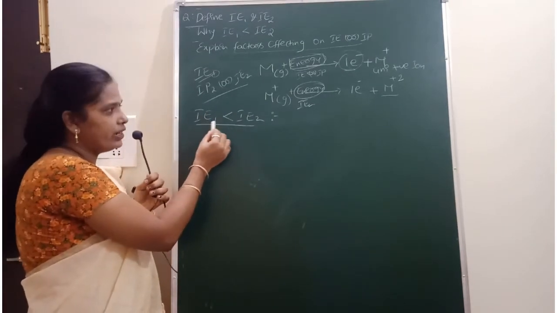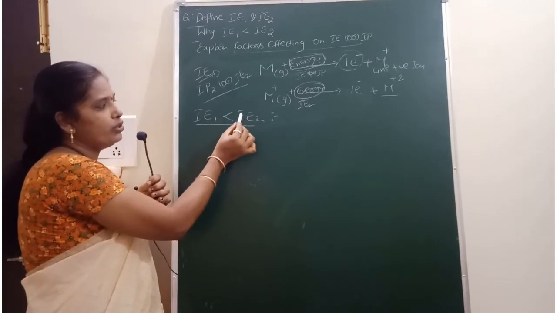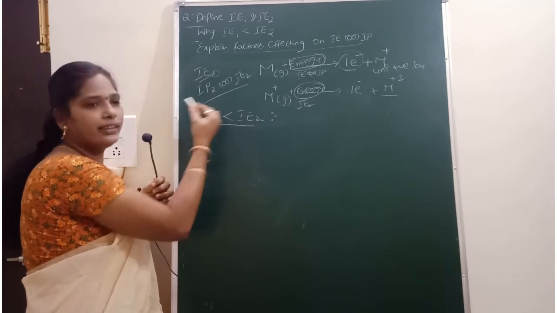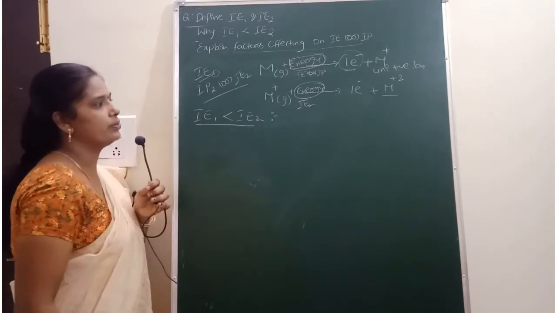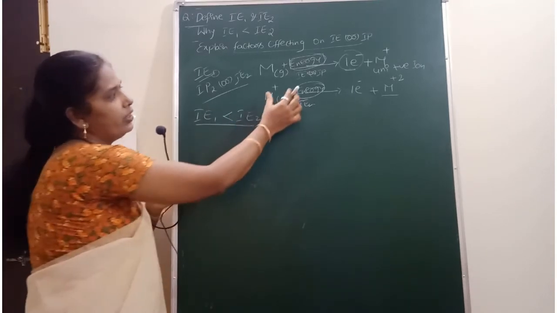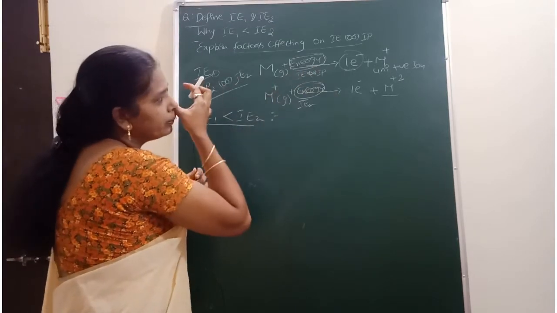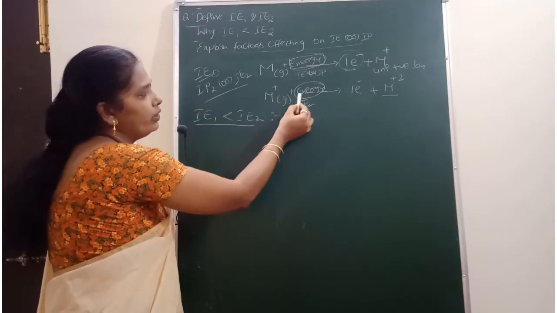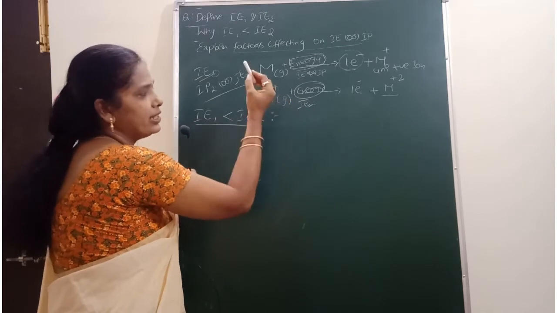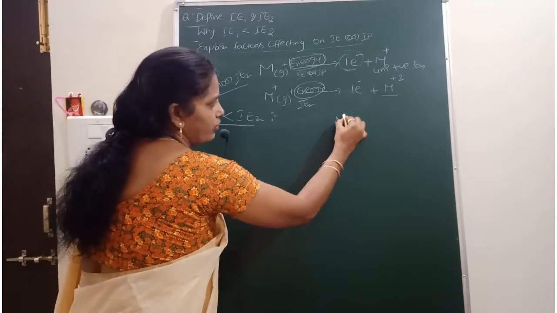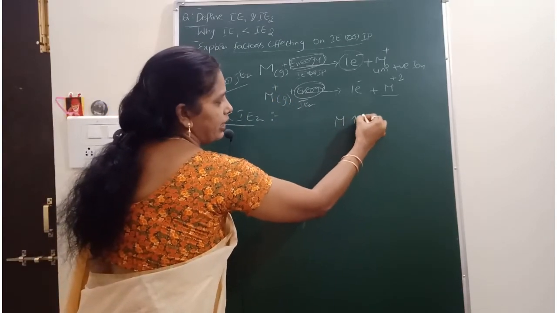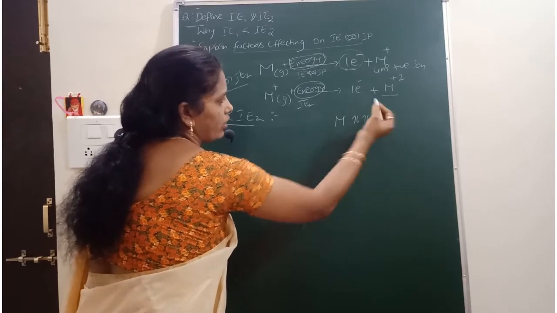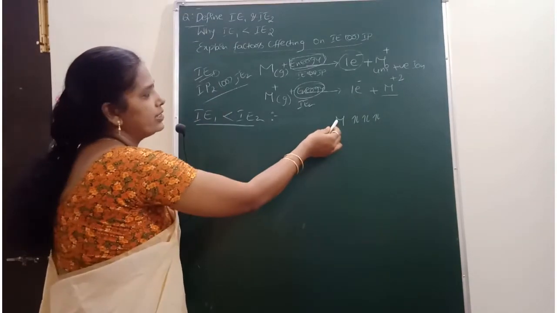The next concept is why IE1 is less than IE2. Here IE2 is greater than IE1. Let us explain briefly. In the unipositive ion, some electrons are there.